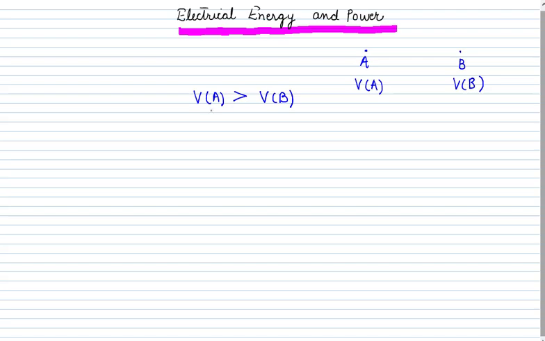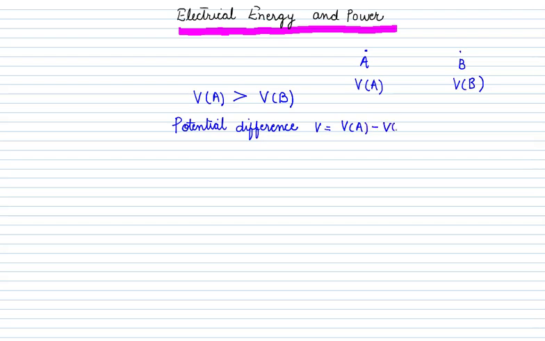That means point A is always at higher potential with respect to point B. So if you want to find the potential difference between these 2 points A and B, we can write the potential difference as potential at point A minus potential at point B. And since the potential at A is always higher, it will have a positive value. So this difference is always greater than 0.